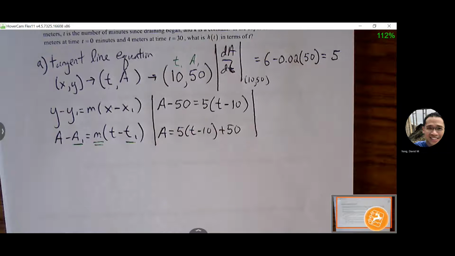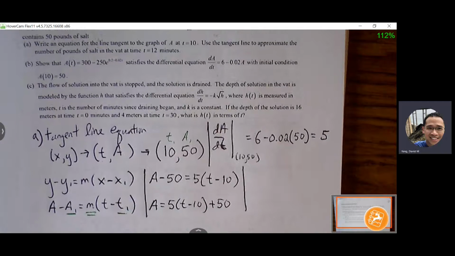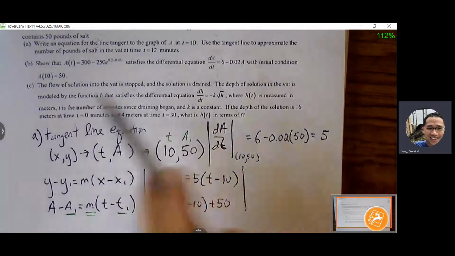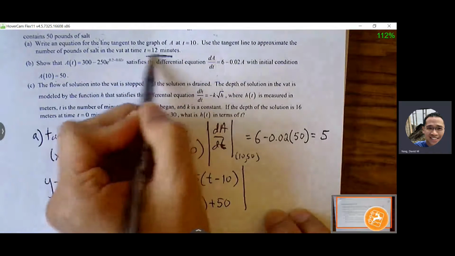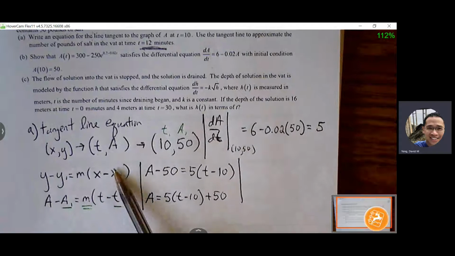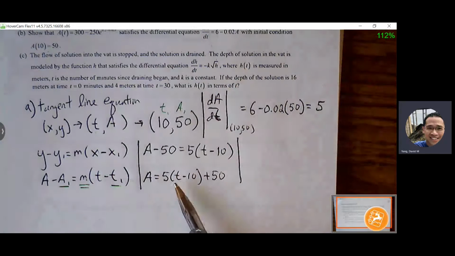Now, the second part of A says use the tangent line equation to approximate the number of pounds at time t equals 12 minutes. So this is linear approximation here. All linear approximation is, we're just inserting into the work that we've already accomplished. So just insert that variable 12 in for t, and that's our linear approximation.